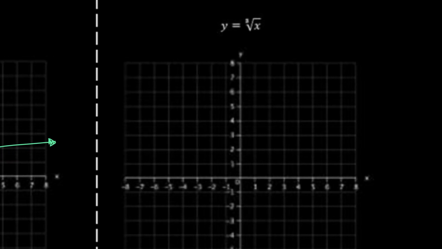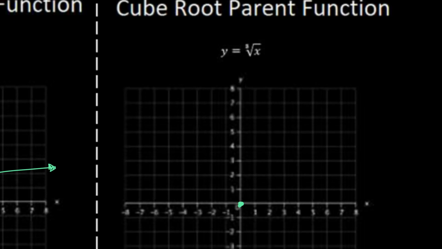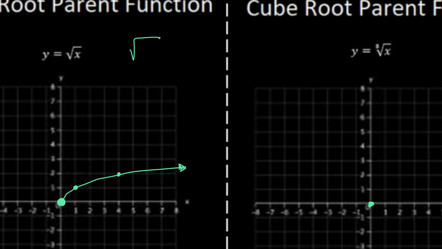Okay, so let's graph the cube root. Where should I start? 0. Yeah, so what is the cube root of 0? 0. So again, we start off at 0, 0. What about the cube root of 1? Remember, if I'm square rooting something, it's asking what times itself would be that number inside of the square root.